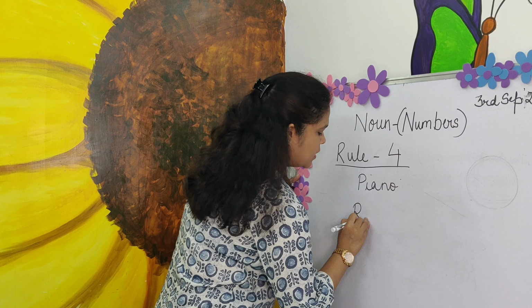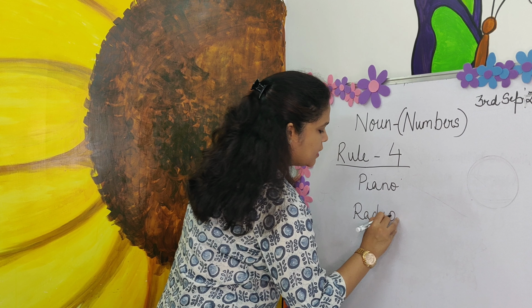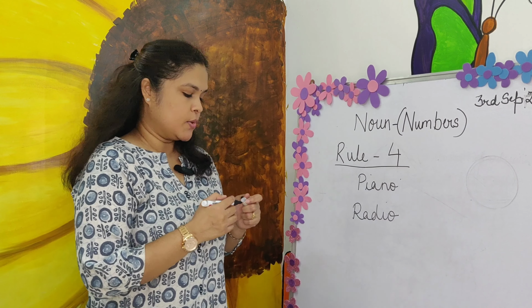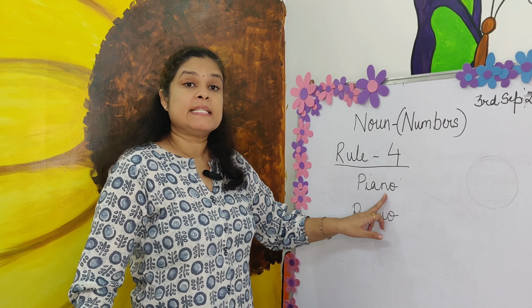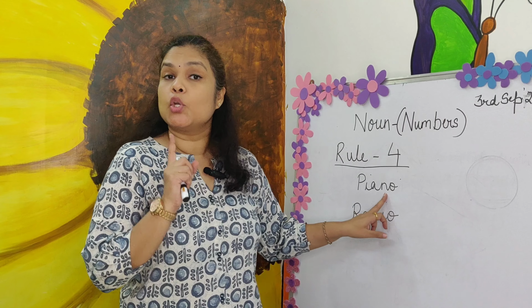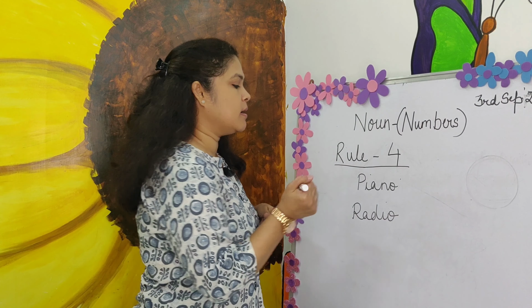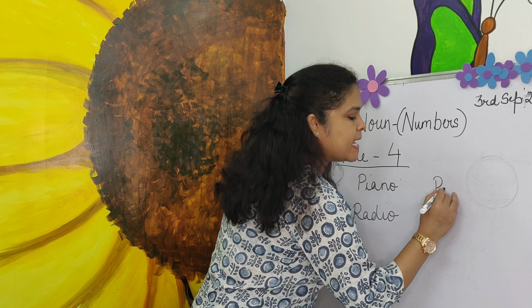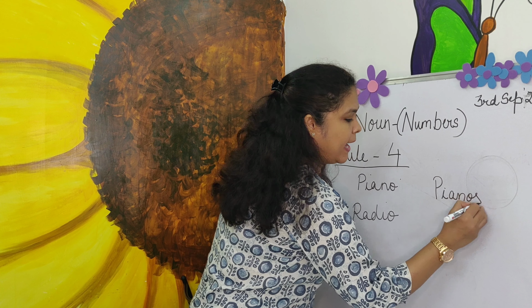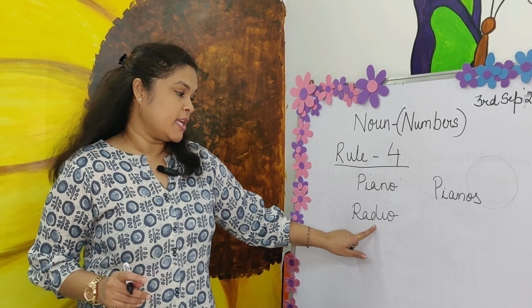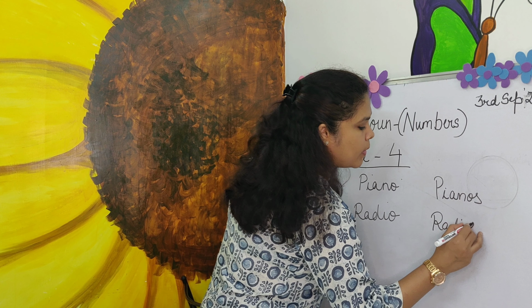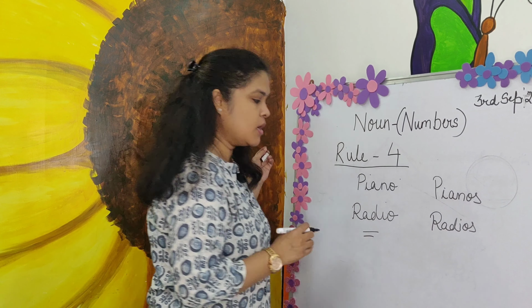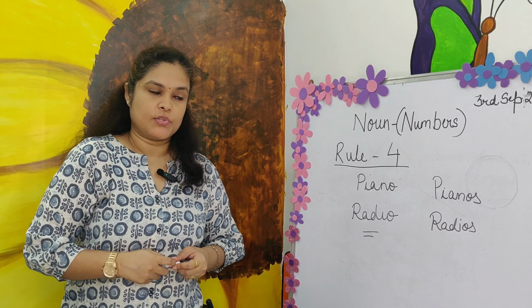And then there is another word, radio. Okay. So what do you see? N. Before O we have a consonant N. But still we do not add ES here. It will be PIANOS. And radio will be RADIOS. So there are certain exceptions to this.